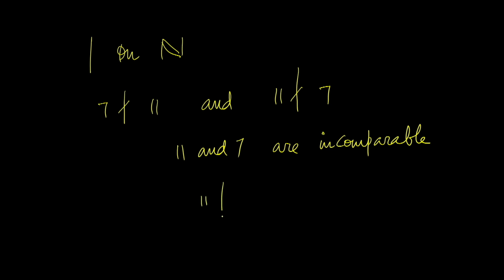Symbolically we write, using 2 bars, 11 is incomparable to 7. So it is possible for incomparable pairs to be there in some partial ordering relations. That is precisely why it is called a partial ordering relation.